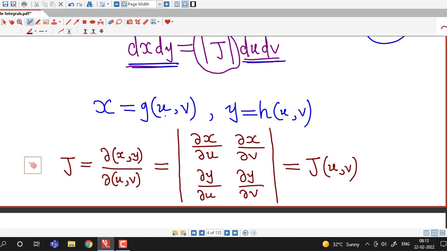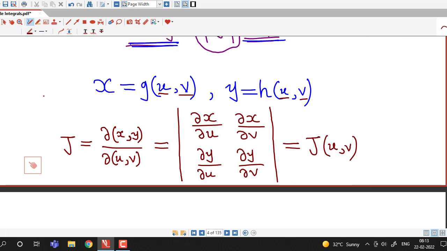U and v are independent variables. We are taking derivatives of x and y with respect to u and v. So we will remember that if x is a function of u and v, and y is also a function of u and v, then the Jacobian of x and y with respect to u and v is given by del x y over del u v.